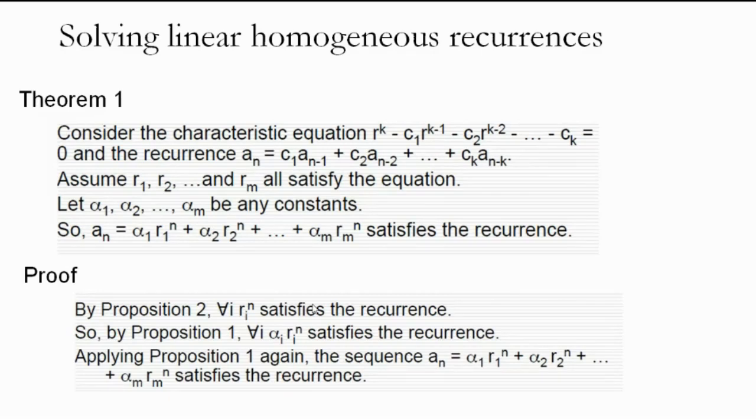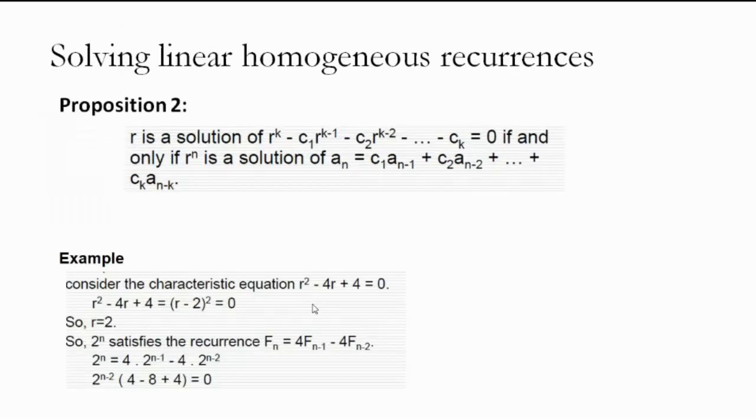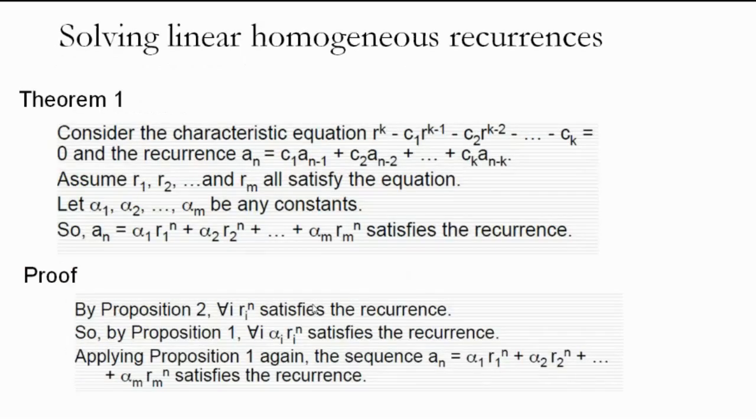So by proposition 2, what is the proposition 2? This is the proposition. That is, if r power n is a solution to the linear relation, then it will also solve the characteristic equation. So by proposition 2, for all i, ri power n satisfies the recurrence relation. Okay.